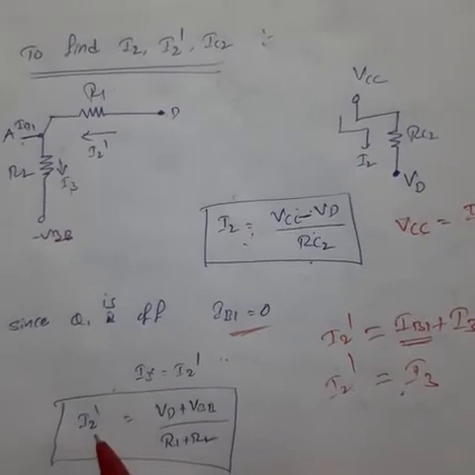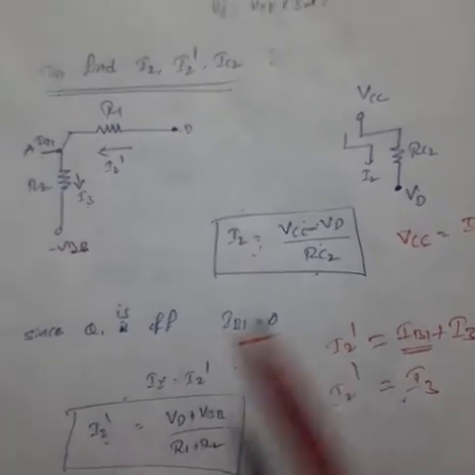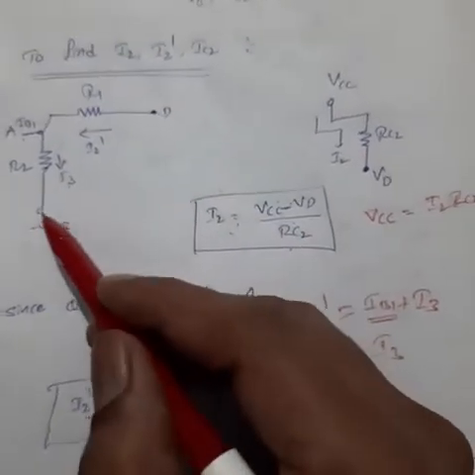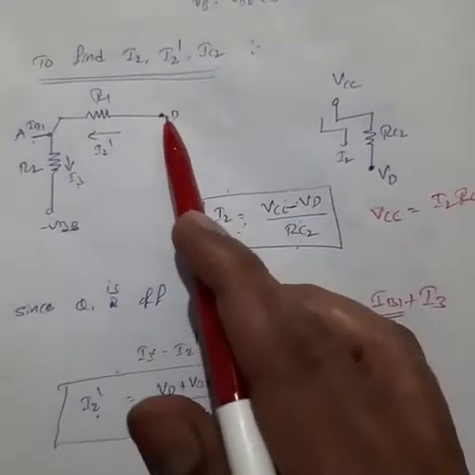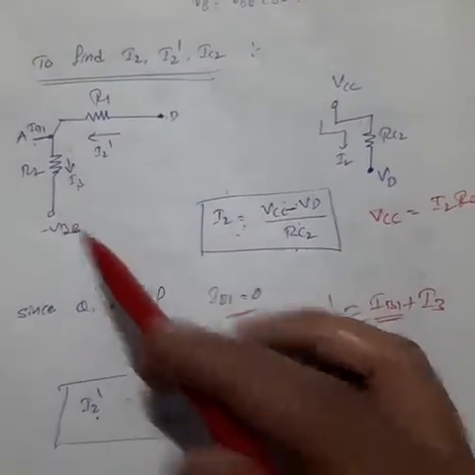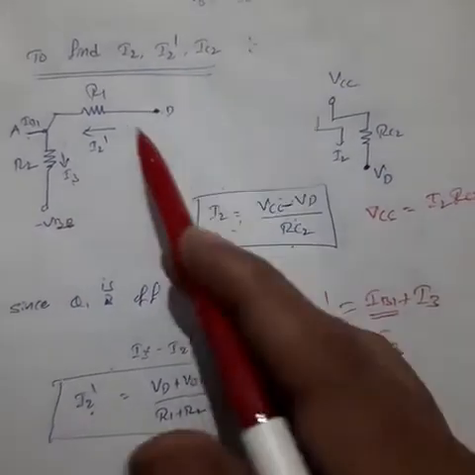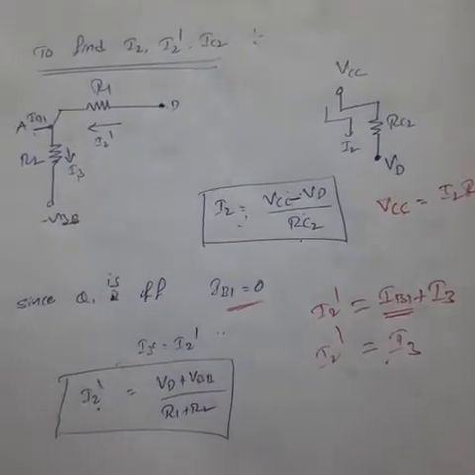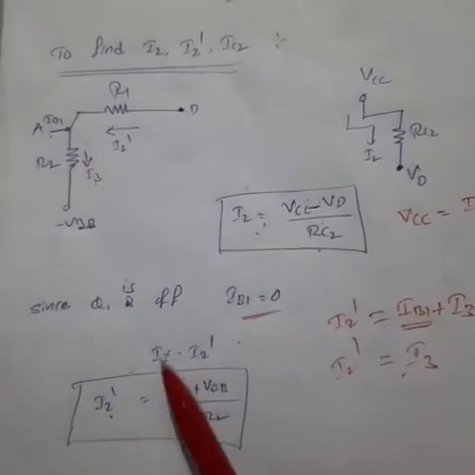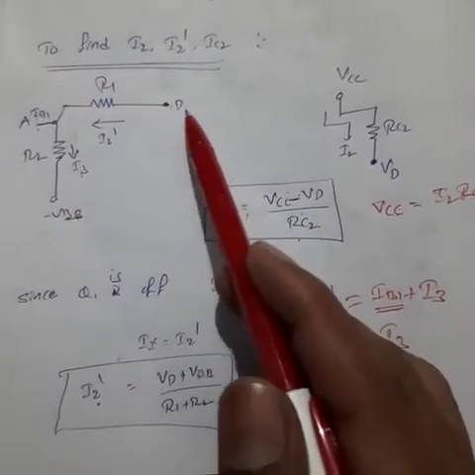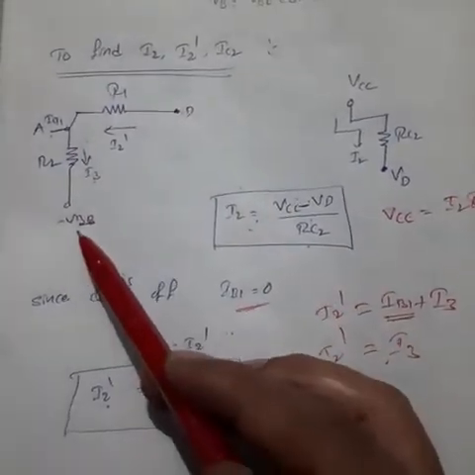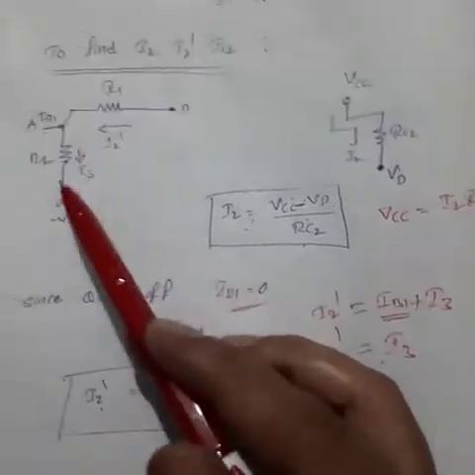I2 dash starts from D, flows through the circuit and ends at minus VBB. Applying KVL, we get VD minus of minus VBB, that means VD plus VBB, divided by the total resistance R1 plus R2. So I2 dash equals (VD plus VBB) by (R1 plus R2).